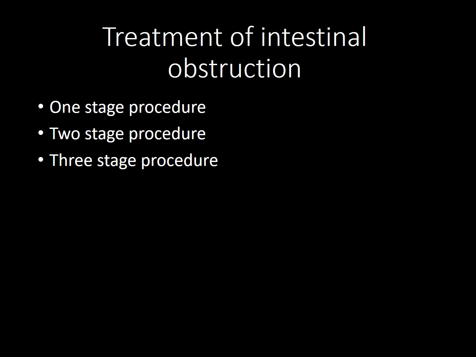So in the one-stage procedure, we end our procedure in one step, resection and anastomosis. Two-stage procedures are done by resection and colostomy or ileostomy, and then after 3 months or so, we do closure of this colostomy or ileostomy. Three-stage procedure: first stage is colostomy, second stage is resection, third stage is closure of this colostomy.